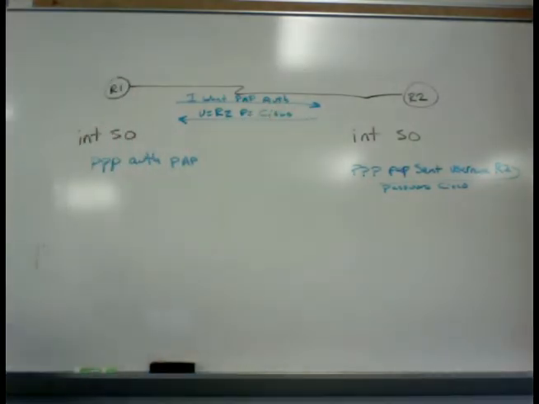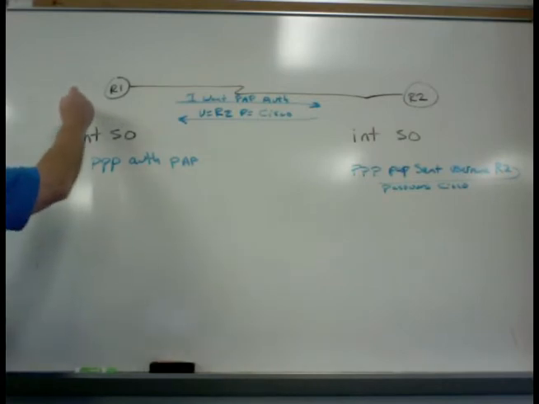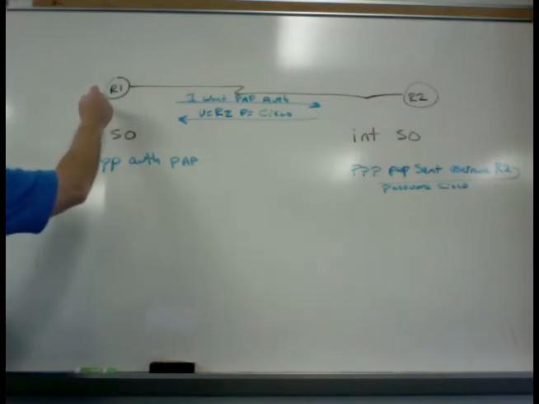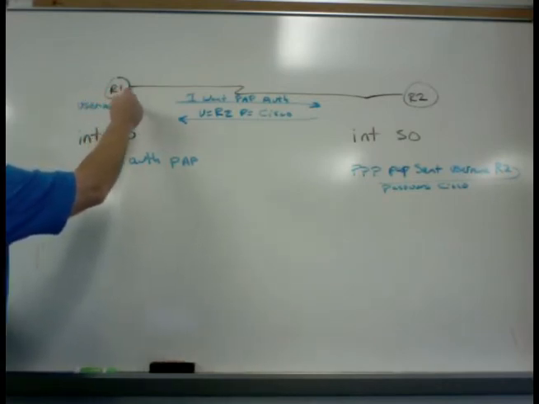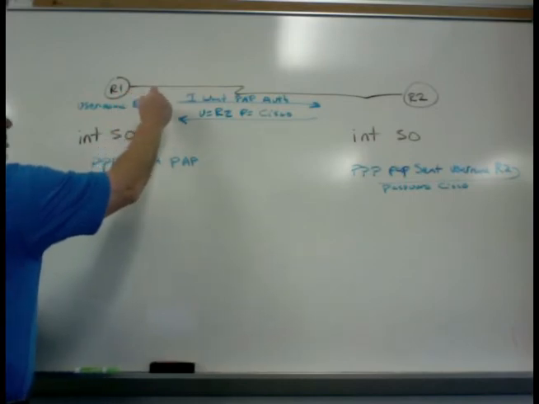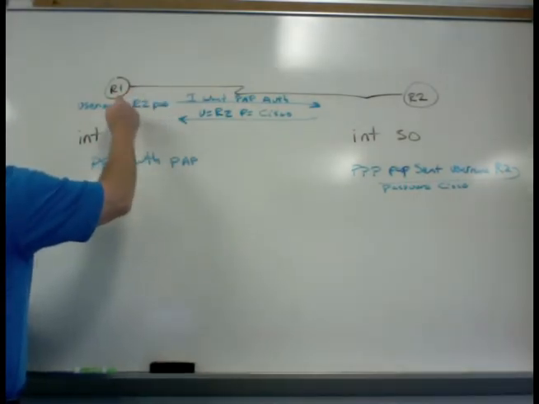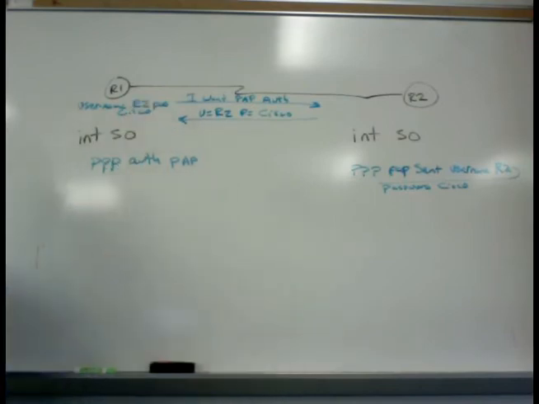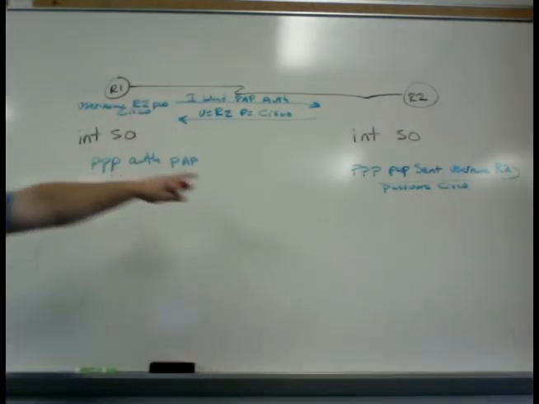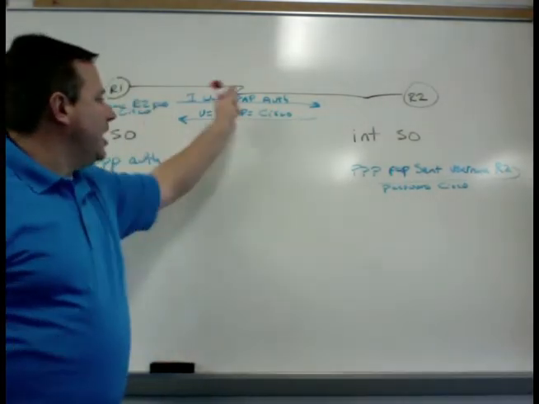So far, so good? Now, what do I need back on this side then? So this side receives it, which means I need a username command for R2 password Cisco. Okay? So now I challenged.